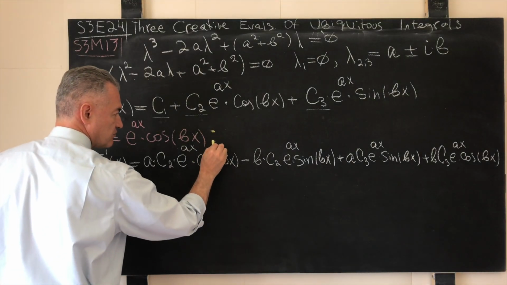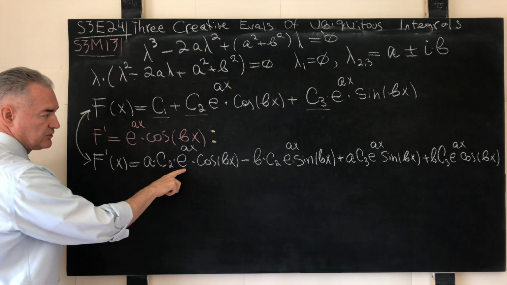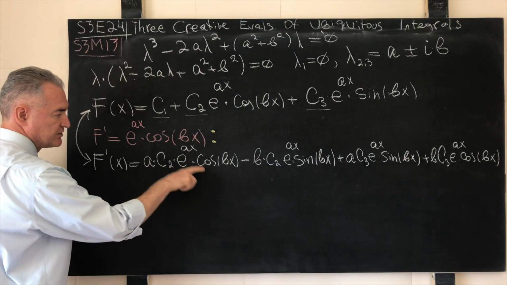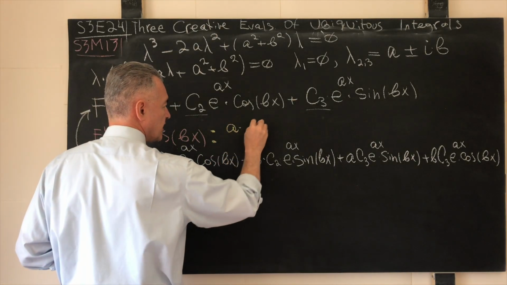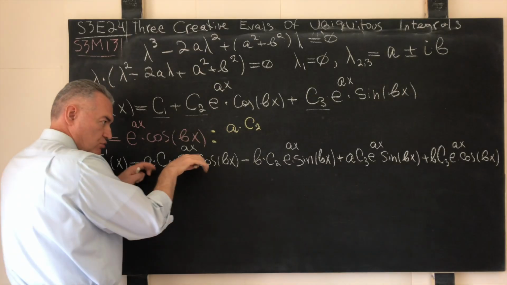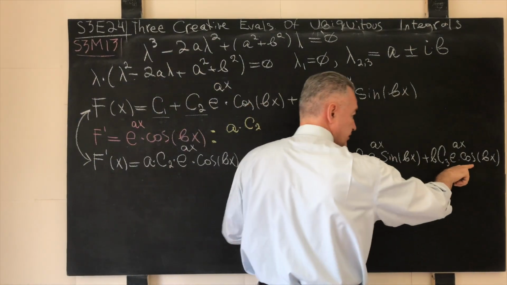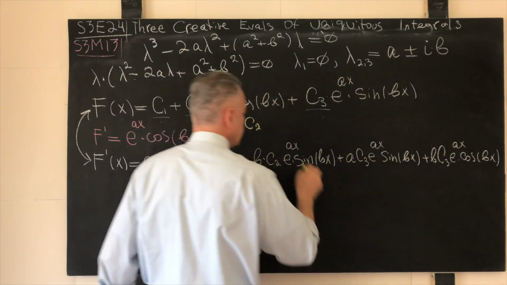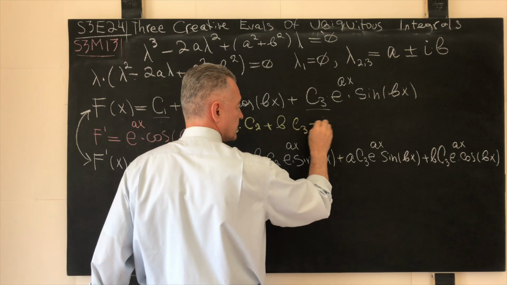I'll suggestively write it in different colors so you understand where it came from. E to the power ax cosine, this is the signature over here, so a times c2, and we crawl through this expression and we see, okay, sine throw out, oh, look at this, cosine, so plus b times c3 must be what?